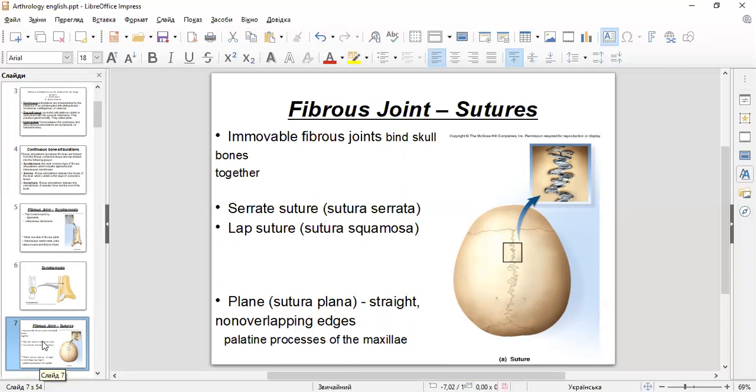Serrate suture, lap suture, and plain suture. Sutura plana: straight, non-overlapping edges. Palatal process of the maxilla.